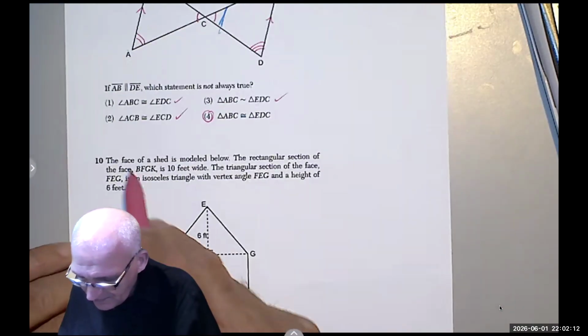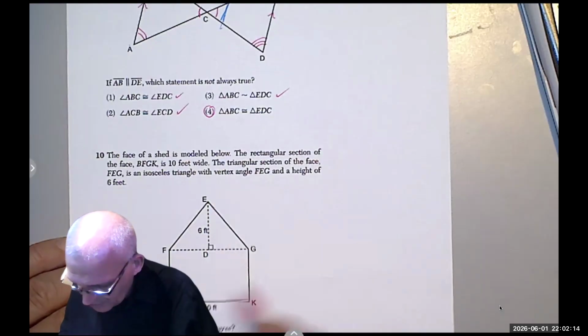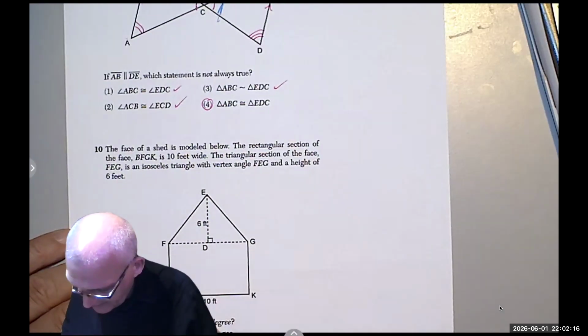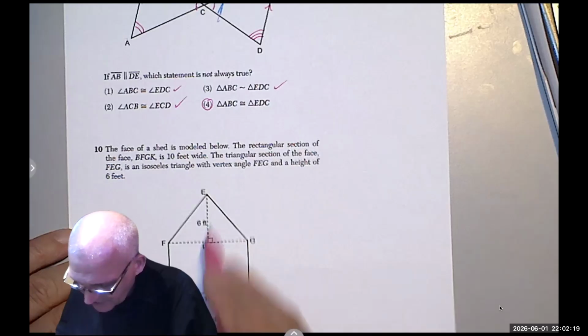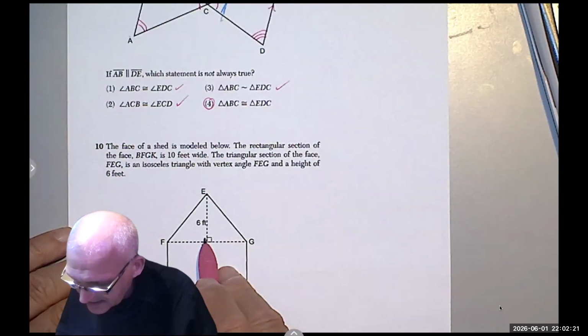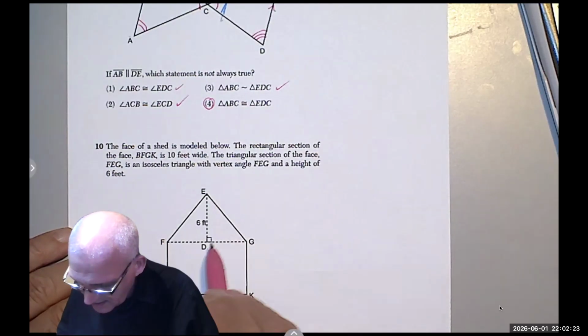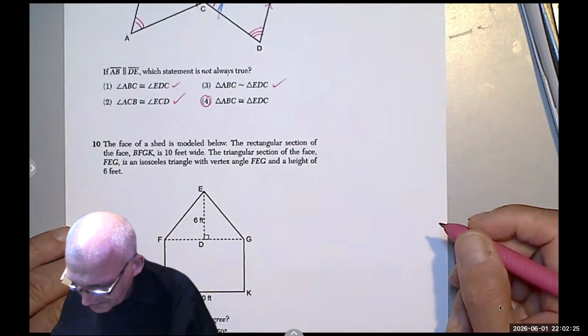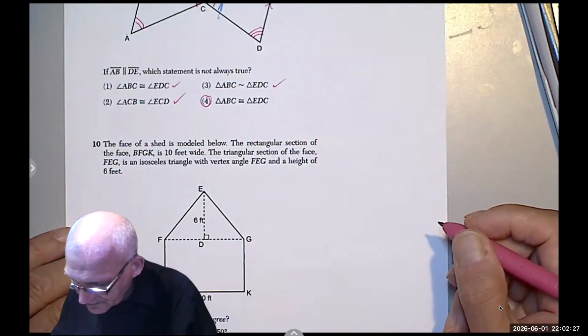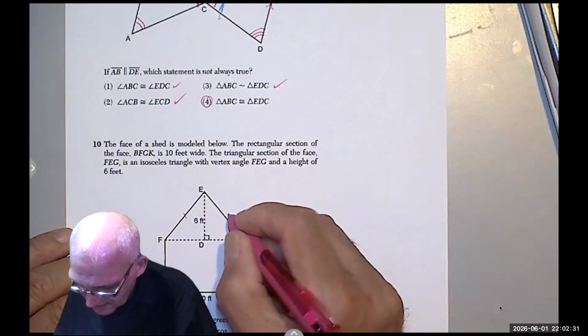Okay, the face of a shed is modeled below. So you have a rectangle here of base 10, and a triangle of height 6. And this triangle is an isosceles triangle, okay?